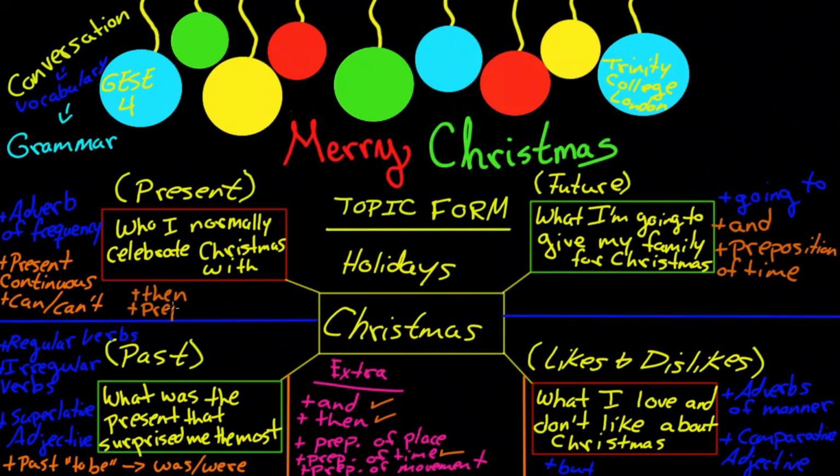Where does the father usually sit? He sits on the couch to watch TV, or the family sits at the table to eat the Christmas meal. So prepositions of place, preposition of place is really good right here. So we have preposition of place. And now we just need preposition of movement.